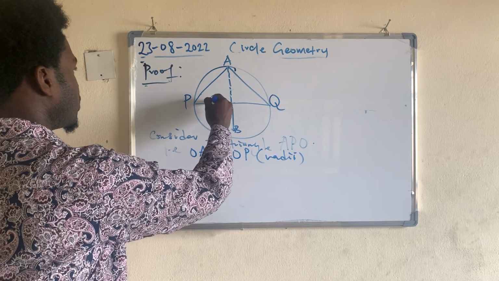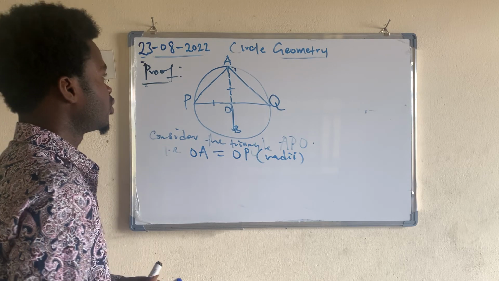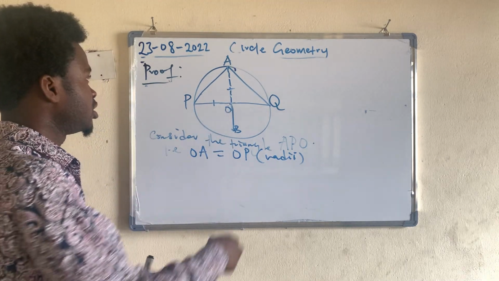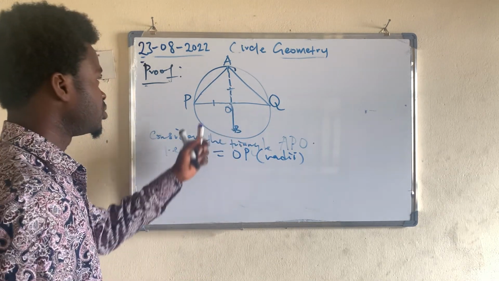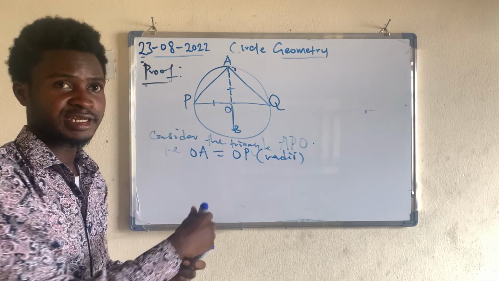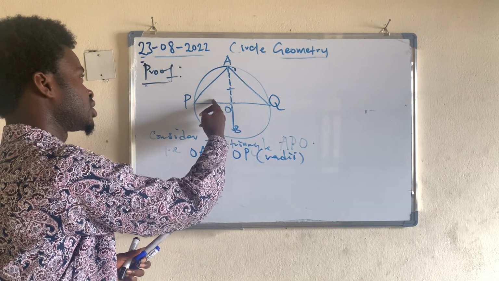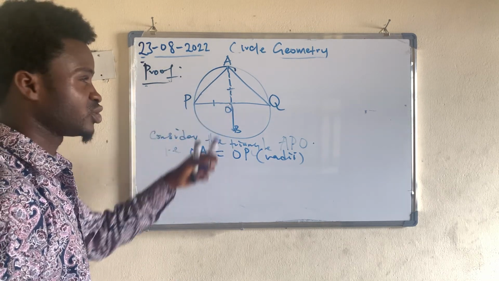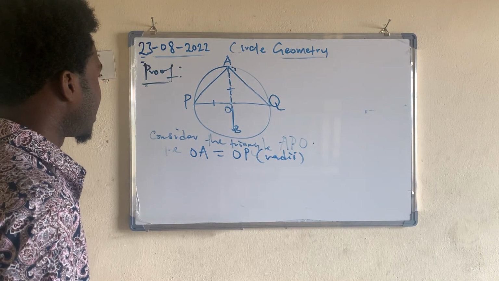From the rule of triangles, when two sides are the same, their opposite interior angles will be the same. This is an isosceles triangle. An isosceles triangle states that when two sides are equal, their opposite angles will be the same as well.